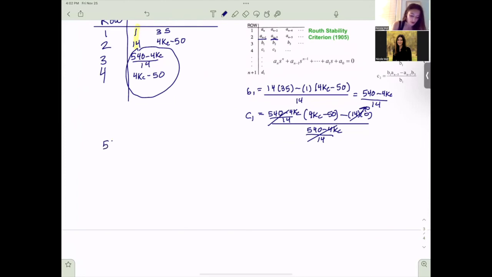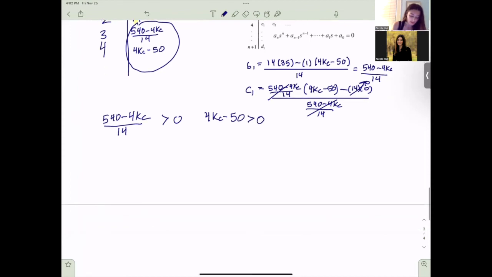Therefore, (540 minus 4Kc) over 14 must be greater than 0, and 4Kc minus 50 also must be greater than 0.